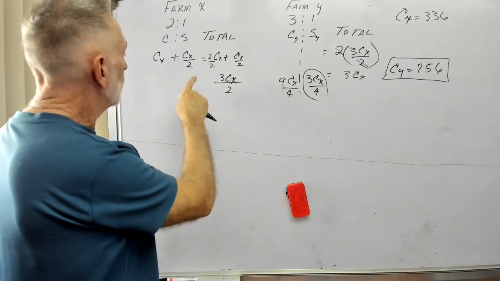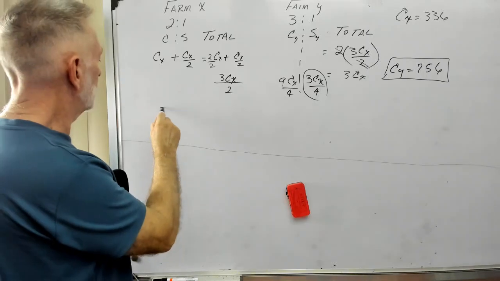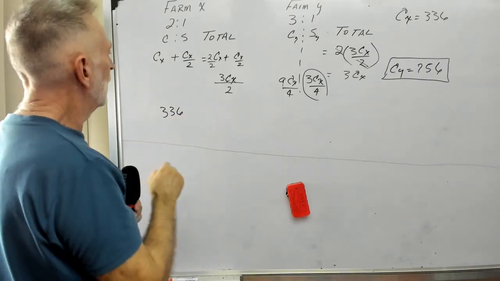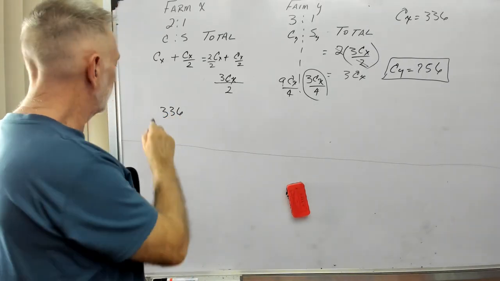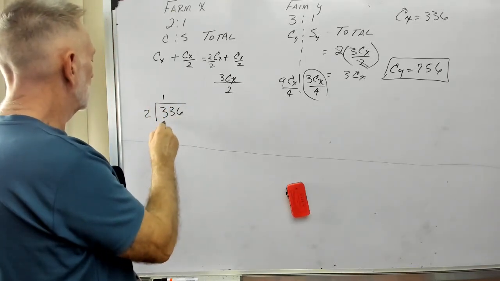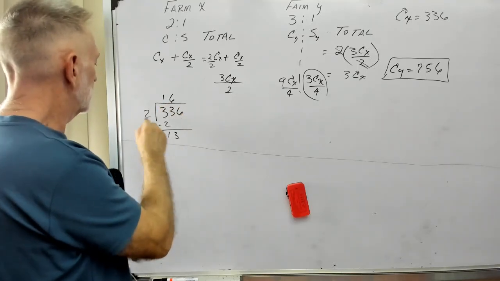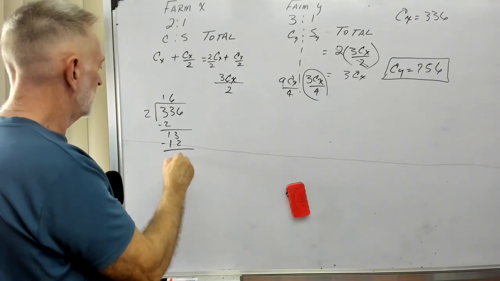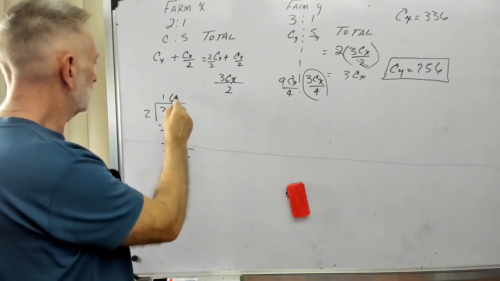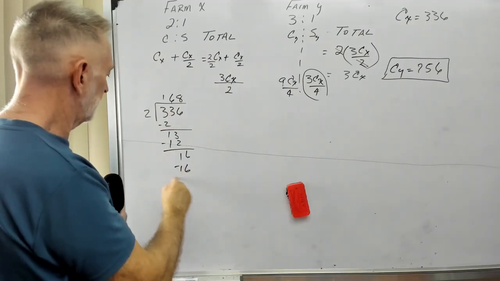Well, we know if I have 336 cows on X, I have half as many sheep, right? So if I divide that by 2, 6 times 2 is 12, leaves me 1, bring down to 6. That's 168. 8 times 2 is 16.